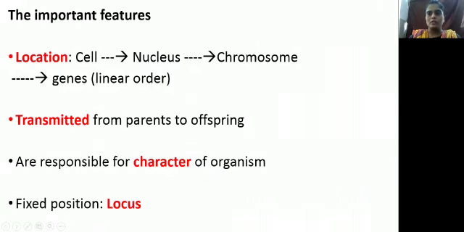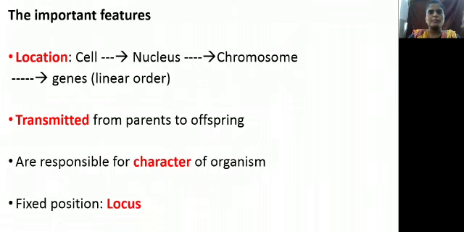Now we'll see certain features of gene. First of all, location of gene. Now we know that genes are present within DNA, that is, inside cell and nucleus within chromosome. Genes are linearly arranged. They are transmitted from parents to offsprings. That is why characters, or you can say phenotype, are developed.